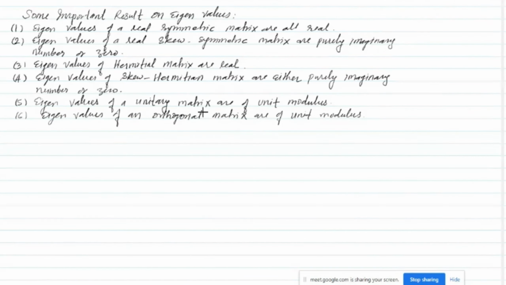So eigenvalues of unitary and orthogonal matrices are the same. Eigenvalues of real symmetric and Hermitian matrices are the same. And eigenvalues of skew symmetric and skew Hermitian matrices are the same. These are the important results of eigenvalues you must remember for your objective questions. No proof is required for these statements.